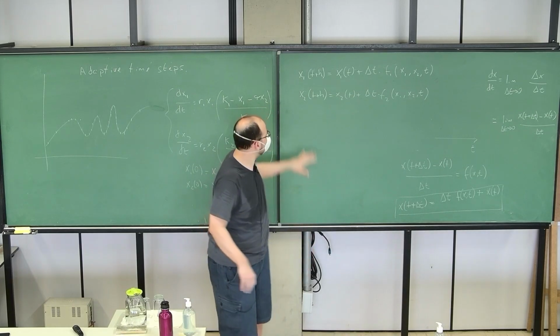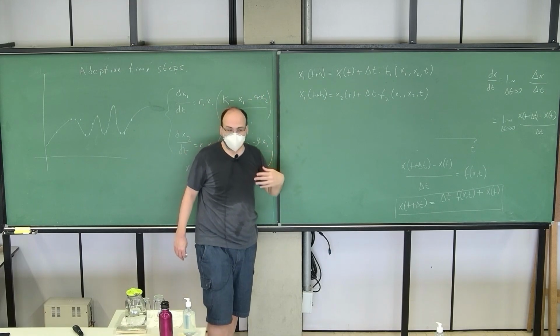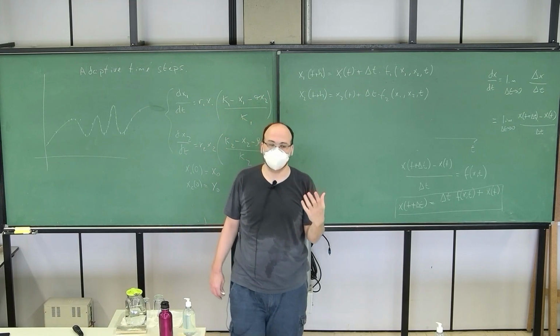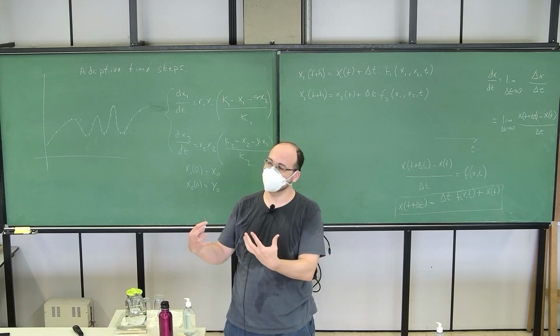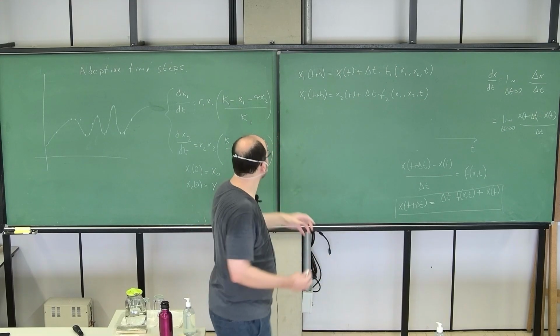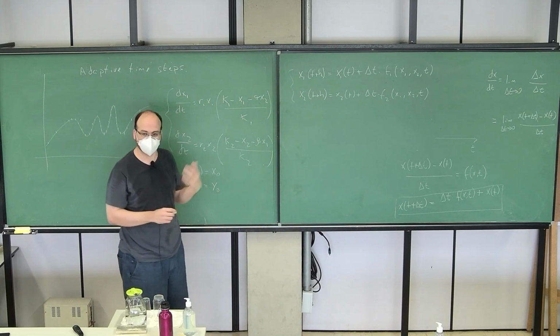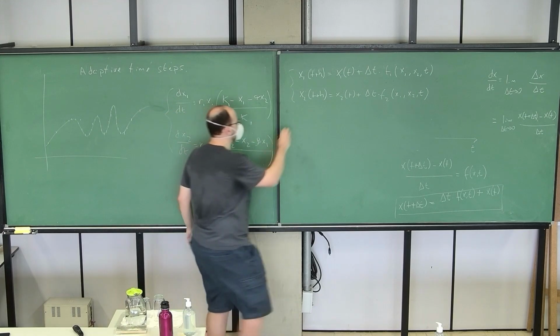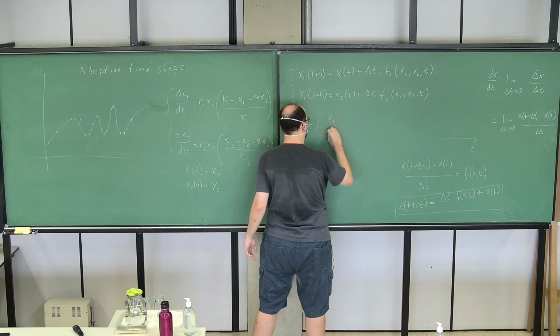instead of looking at this as a set of two equations, I will look at this as a single equation for a vector-valued variable. Instead of looking at this as a set of two equations for two variables, I can think of x as being a vector, x1, x2.